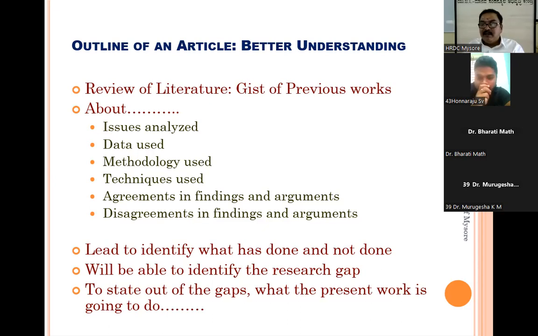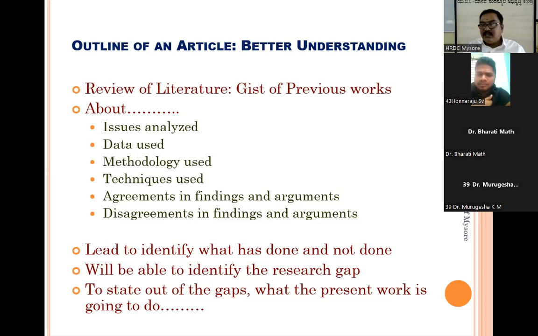For example, if you talk about the energy and development, energy is important for the development, but the cost of energy is very less. Then how can I say energy is most important in development? Then this kind of different arguments you will find in the review of literatures. Therefore, you identify what are the agreements and what are the disagreements.